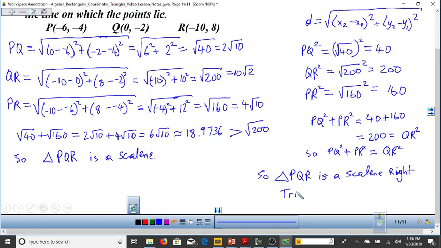And the hypotenuse is going to be the longest side, which in this case is QR.